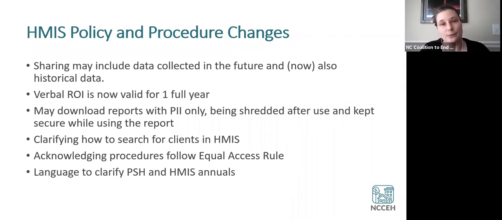So HMIS annuals are required at the anniversary of the day that they were accepted into the program, as opposed to the permanent supportive housing annual review, which looks at when they moved into a unit. So it's a slightly different calendar, and it's important to distinguish that.